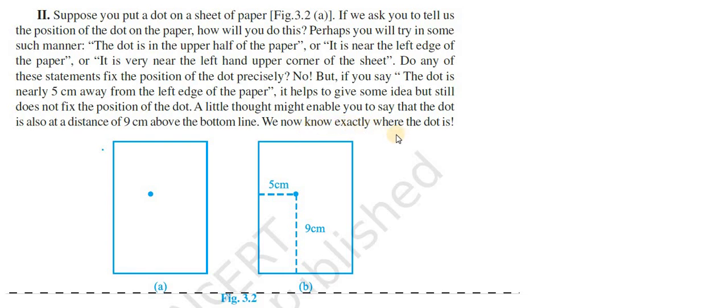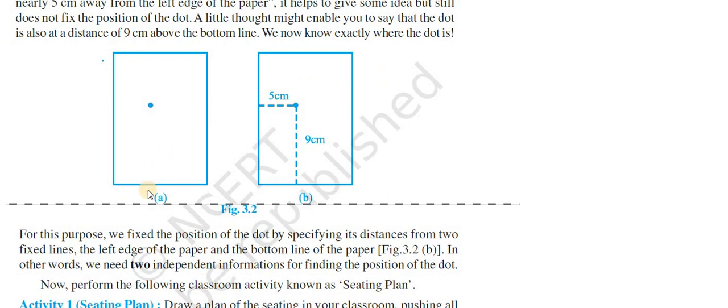We now know exactly where the dot is. So we fixed the position of the dot by specifying its distance from two fixed lines, the left edge of the paper and the bottom line of the paper. In other words, we need two independent pieces of information for finding the position of the dot.